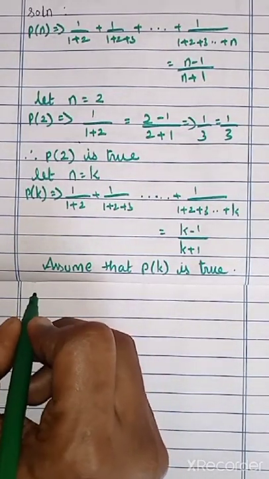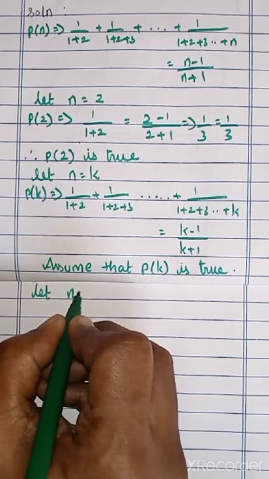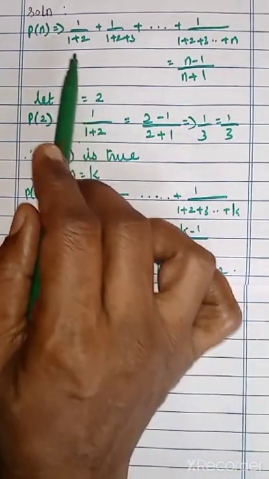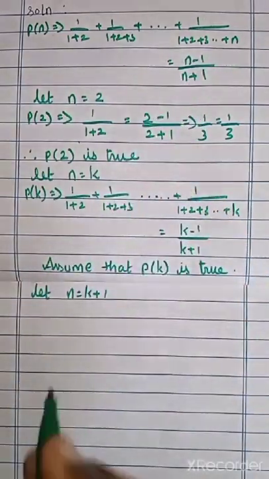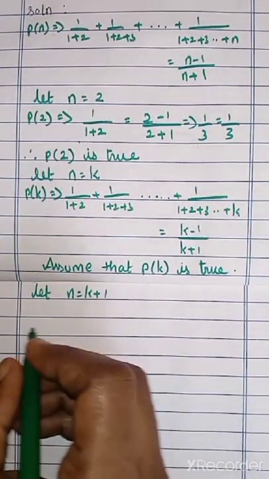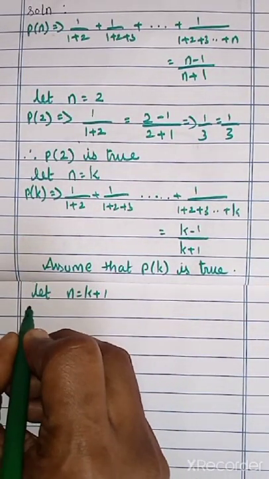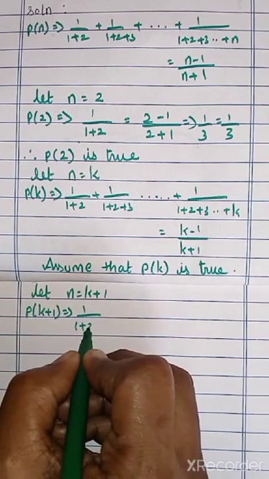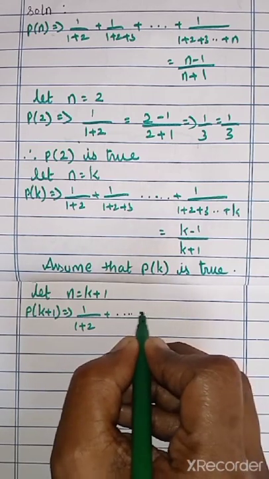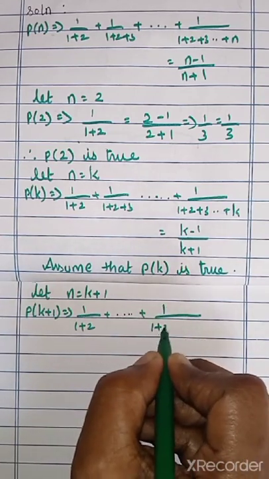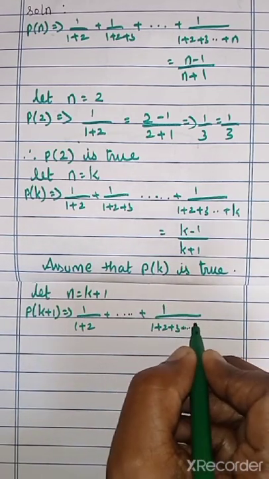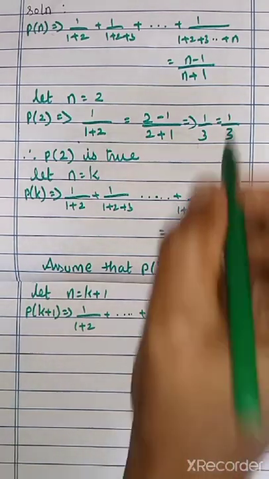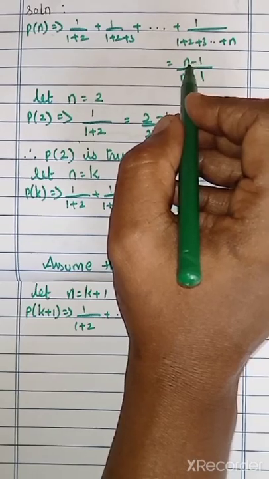What is the next one? Then the last step will be, let n equal to k plus 1. Again the same equation, we have to substitute k plus 1 instead of n. So P of k plus 1 implies 1 by 1 plus 2, etc., up to 1 by 1 plus 2 plus 3 etc. up to k plus 1 equal to, instead of n, what are we going to substitute? k plus 1, correct?